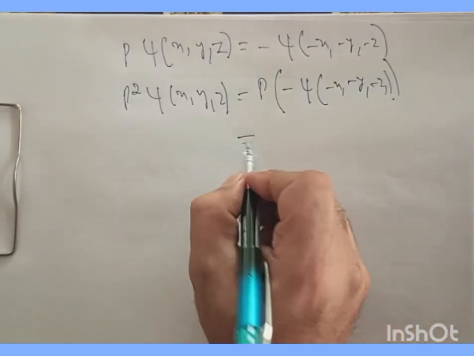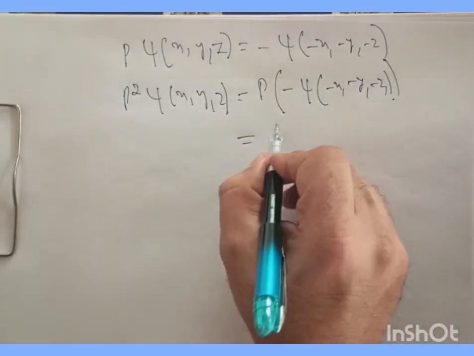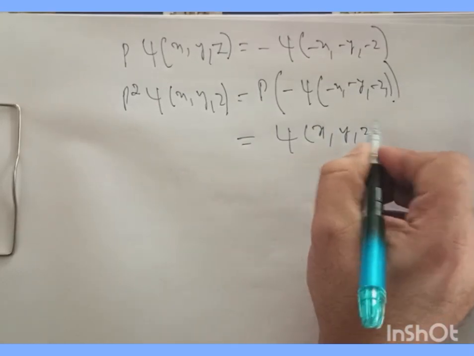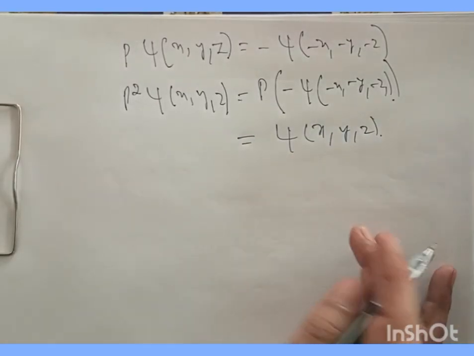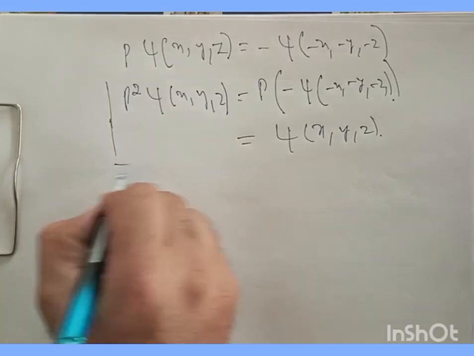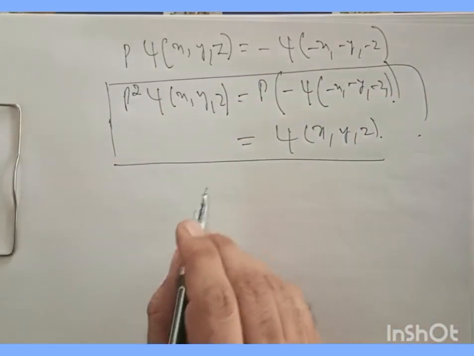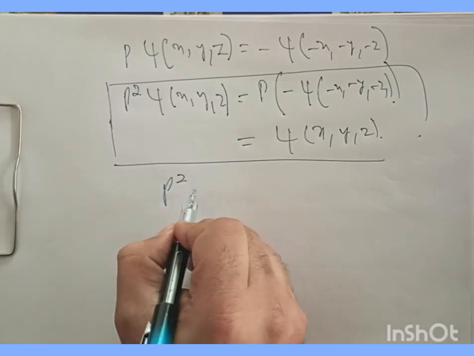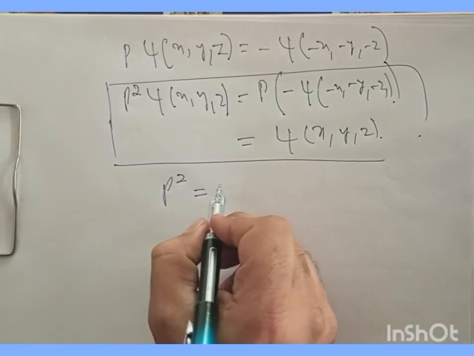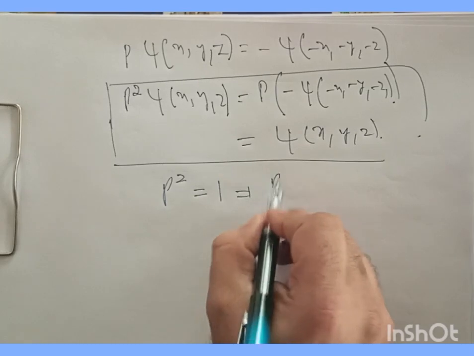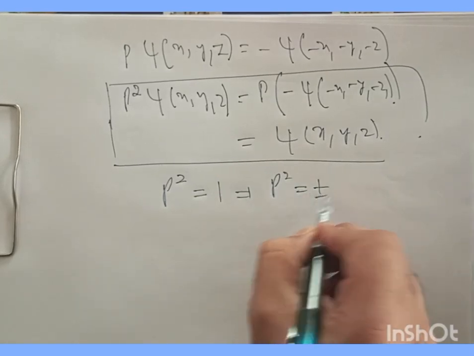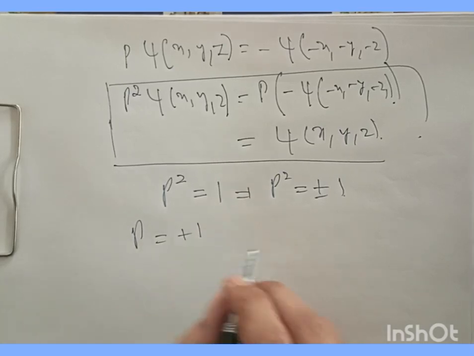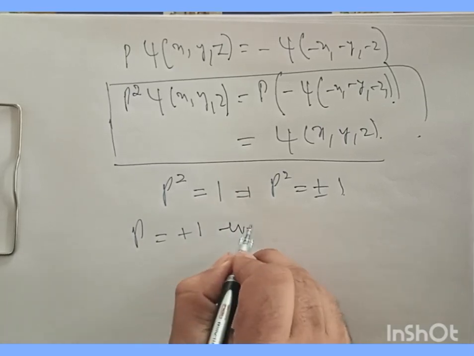And what should we obtain from here? We should obtain psi of x, y, and z. So from this, what I can say is that this P squared is 1. That means P is plus or minus 1. Now, if P is plus 1, I have even parity.